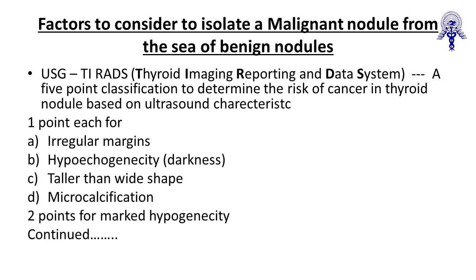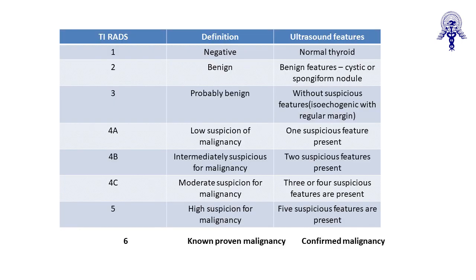They have formulated what is called the Thyroid Imaging Reporting and Data System, and they have tried to classify the thyroid nodules and the malignant ones. So, this is important, and you must know it if you have to face a thyroid nodule case either in your practical or in the oral table or even in the theory.